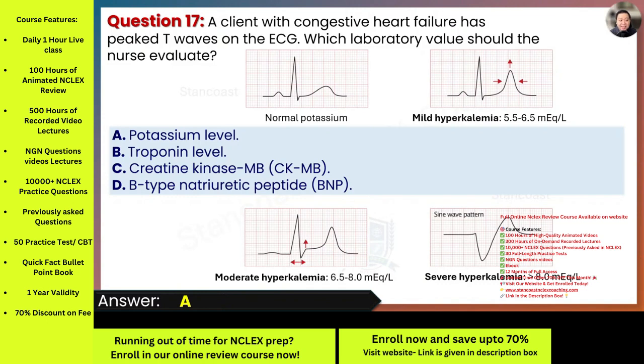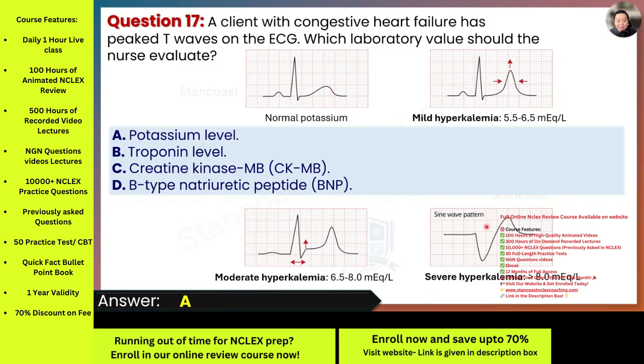The P wave, as we know, in the normal EKG, reflects atrial contraction, but this is now disappearing because the atria can no longer effectively contract or maybe generate a normal electrical impulse due to the high potassium. And so this indicates a severe disruption in the heart's rhythm.